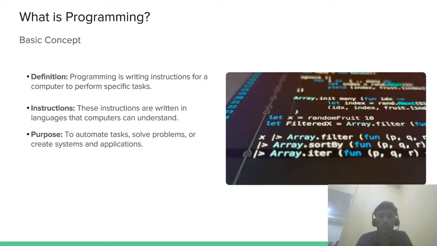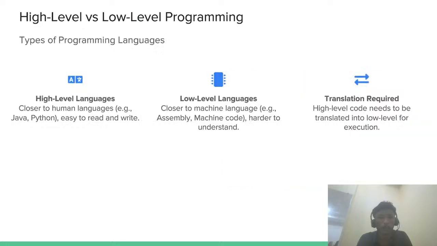Everyone has a doubt: which language does a computer understand? A basic English-like language it can understand, and after writing your code it is converted into binary code, which is another process. The purpose is to automate tasks, solve problems, or create systems and applications.